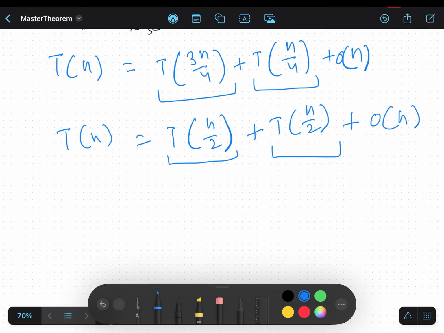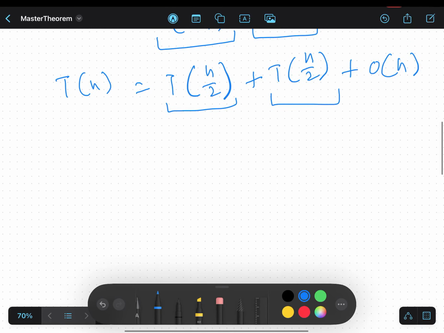So the main problem is being subdivided into half and the subproblem sizes are equal. So we can use master theorem on this recurrence.